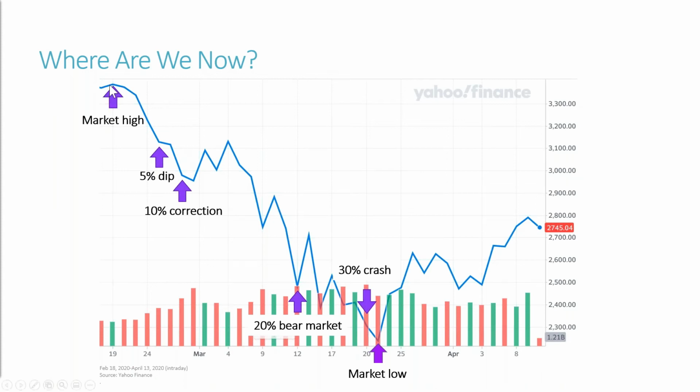So from February 19th, when we hit the market high, all the way down to the current low, March 23rd, that was a 34% drop from the market high.